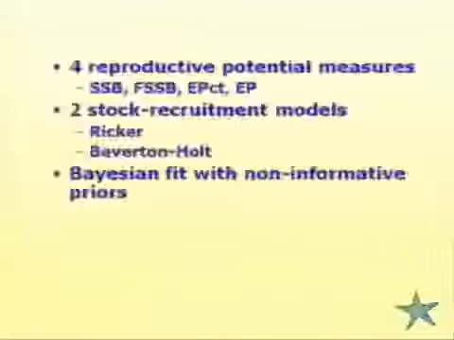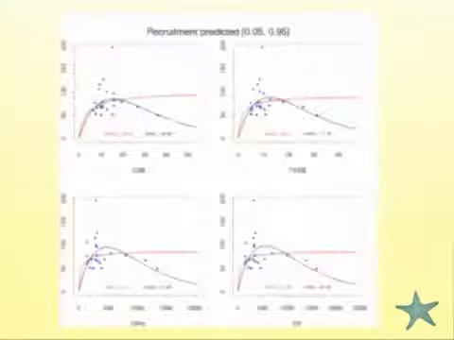So the next step is fitting the stock recruitment models with the 4 reproductive measures and with 2 recruitment models, 2 classics, Ricker and Beverton-Holt, with a Bayesian fit with non-informative priors. So here you have the 8 fits for the SSB, the female SSB, the egg production constant, and the egg production exponential.